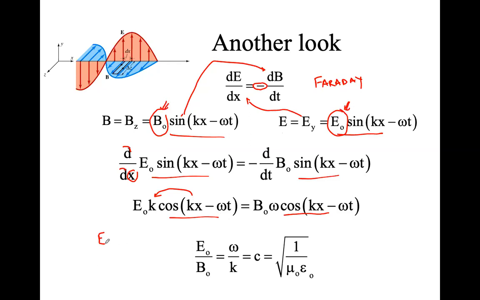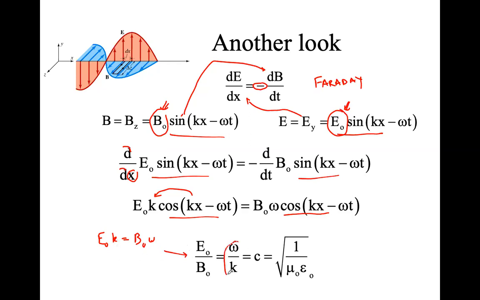The amplitude of the electric field times k has to be equal to the amplitude of the magnetic field times omega. That's an important piece. So if I rearrange that slightly, I divide by the amplitude of the magnetic field and divide through by the wave number.